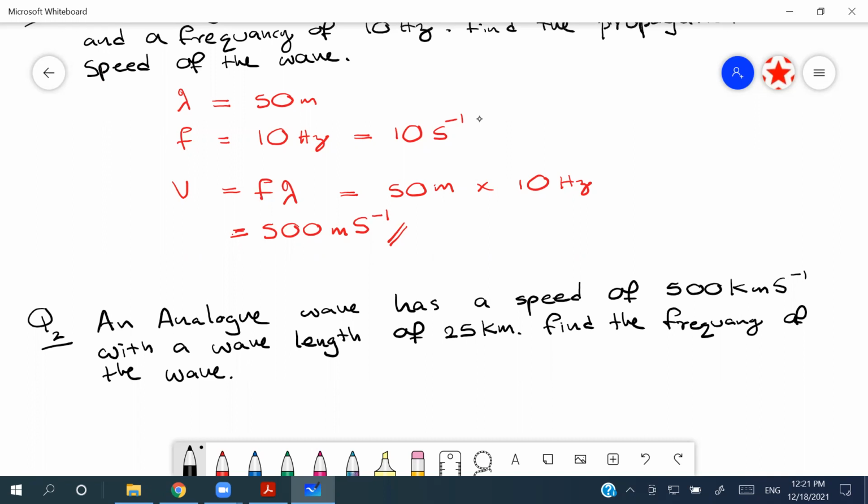I'm adding some more words over here. Find the frequency of the wave in hertz.